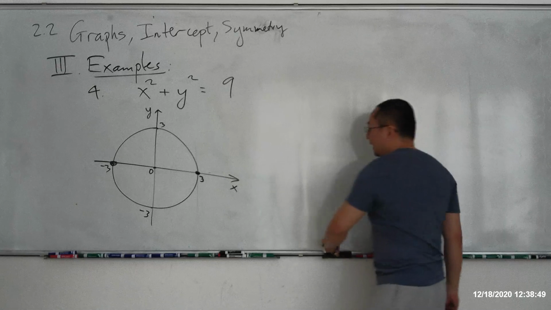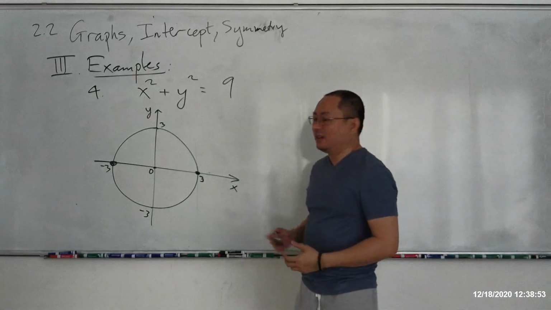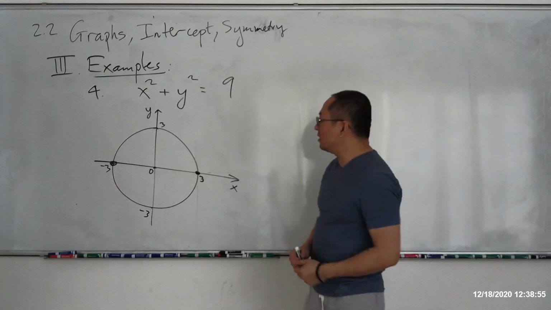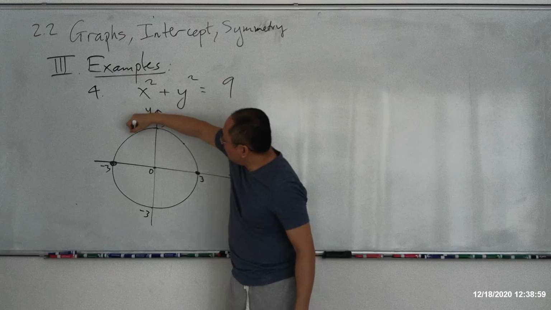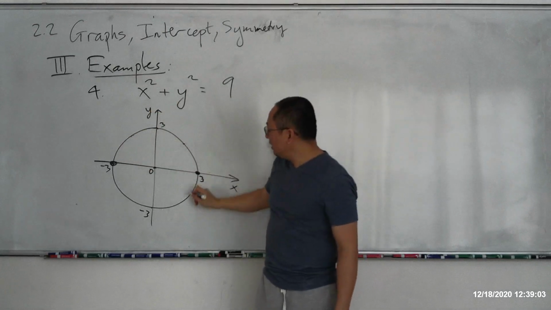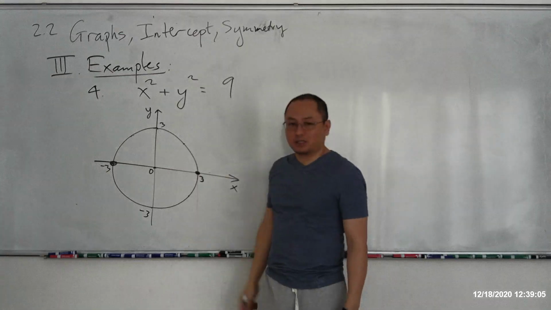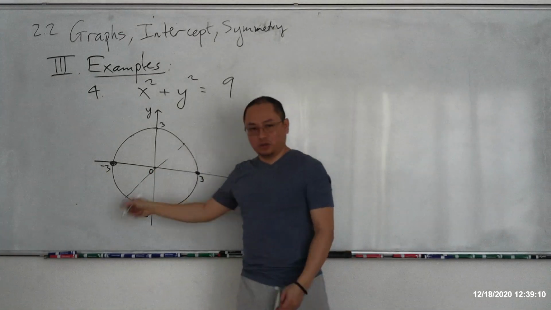Okay. Now let's talk about symmetry. You guys see any kind of symmetry in here? This graph actually has all kinds of symmetry that we learned. Any point, you flip over the y-axis, still a point on the graph. And same thing here, flip the point over the x-axis, still a point, right? And origin, yeah, you flip over the origin, you still have a point on the graph.